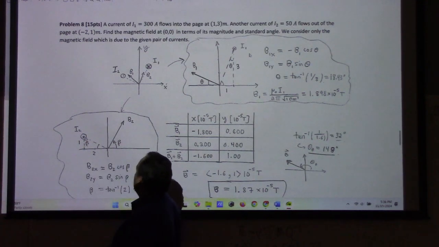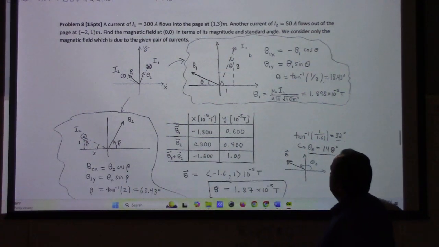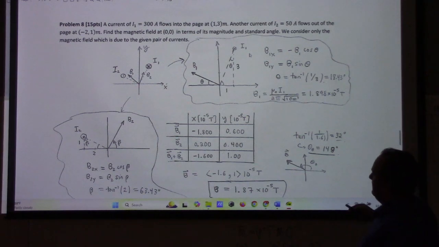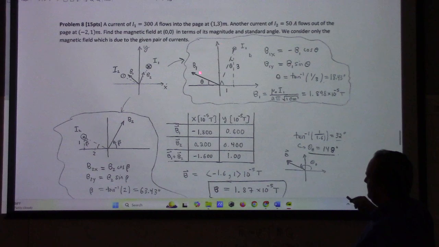And then it's just a matter of trigonometry to figure out, is that the same theta? Okay, these are two different thought bubbles. This is just for figuring out the magnetic field from the first current.